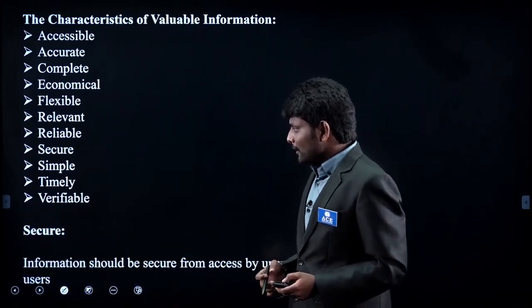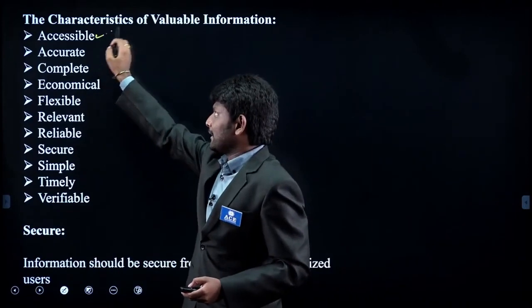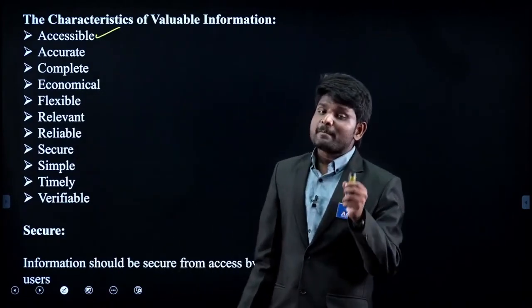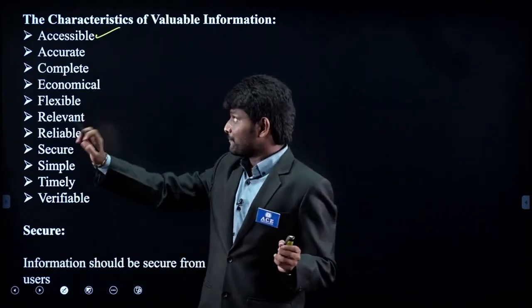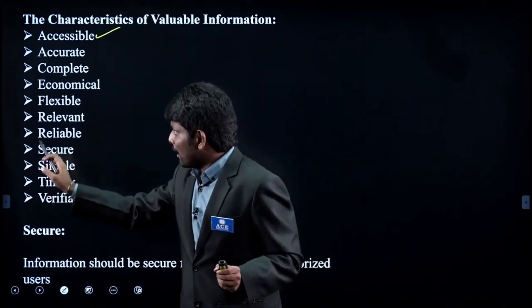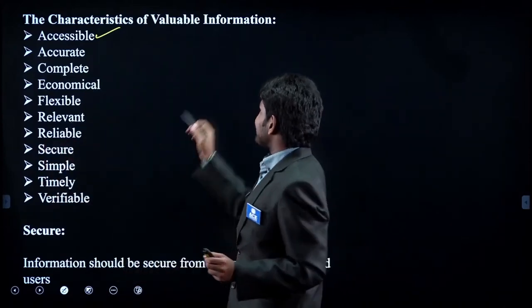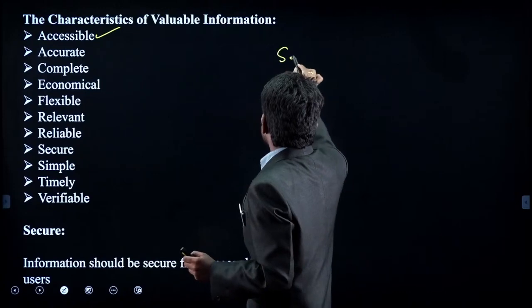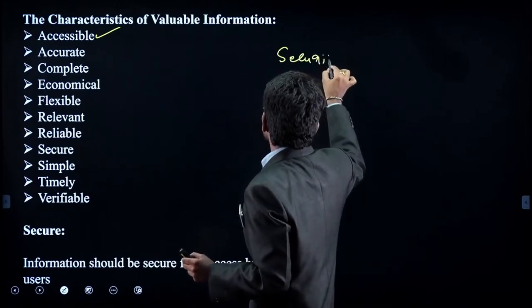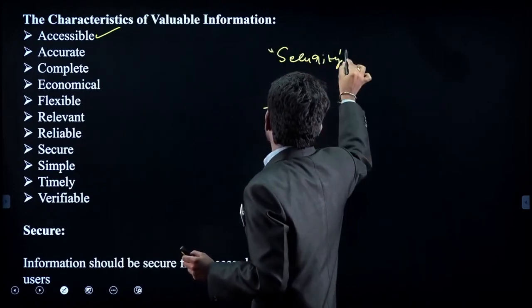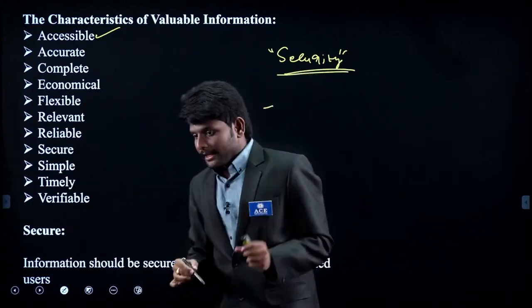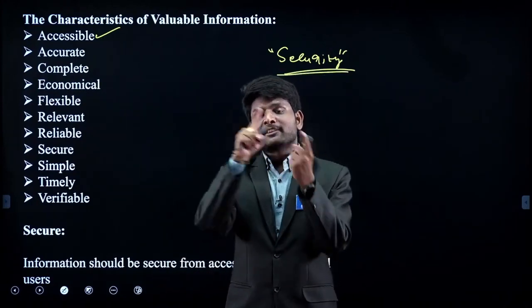Secure. Okay. It should be accessible. That is true. But if you want to make your information more accurate and reliable, you need to maintain security also. Let us say you have given write access to everyone, they may overwrite your correct information with wrong information.